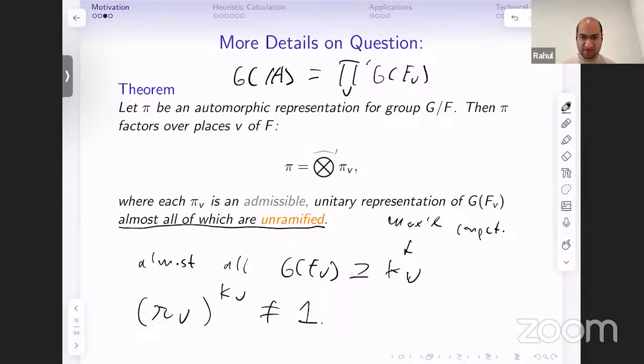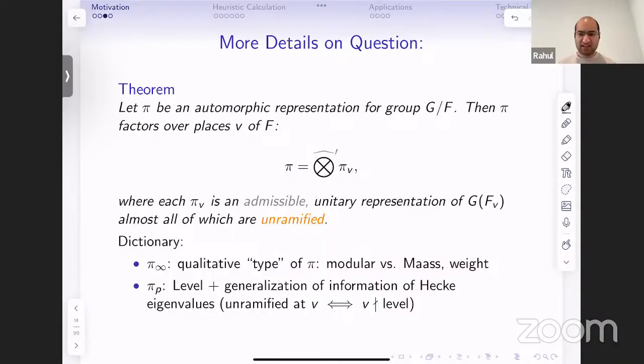So that's what this unramified condition means. If you remember how the Adeles are defined as a restricted direct product with respect to maximal compacts, you should expect that something's going on with the maximal compact subgroups here. So that's the important technicality.